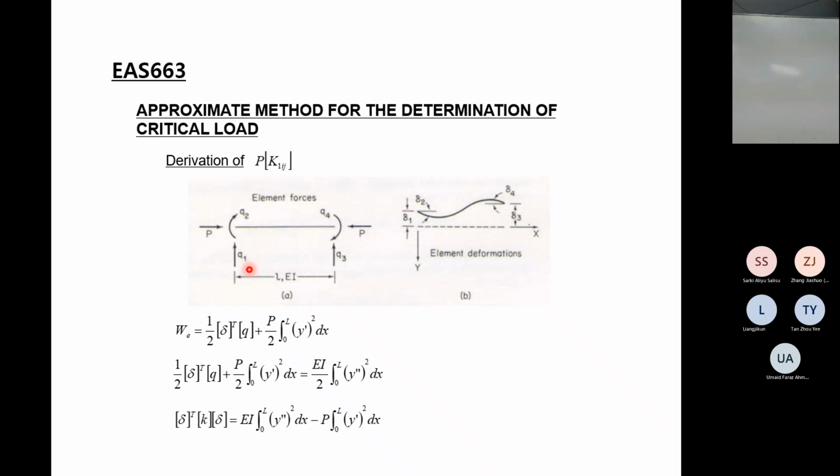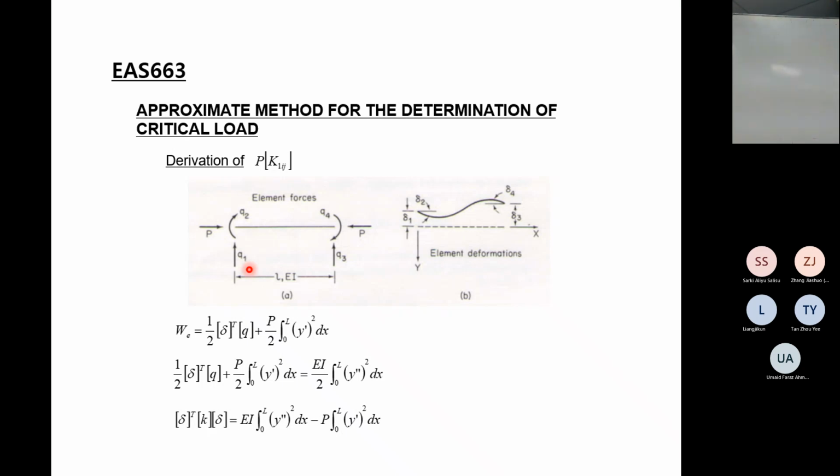So P is applied first, and P has a constant value. Then the member is subjected to forces which cause it to bend. With that sequence, the work done by the element end forces acting, and at the same time a constant axial force acting, will be given by these equations.